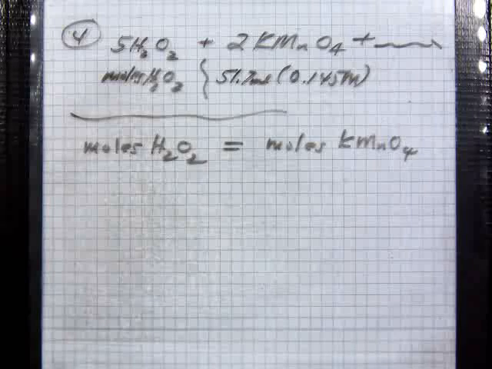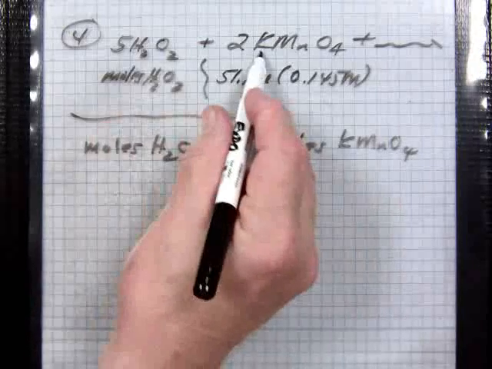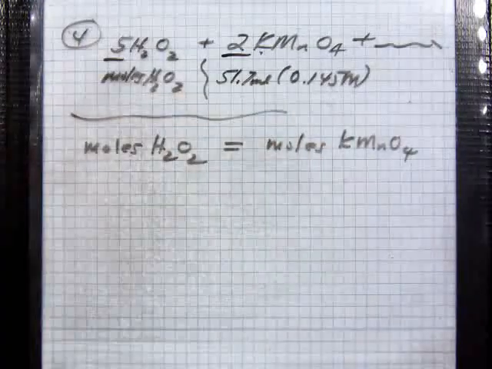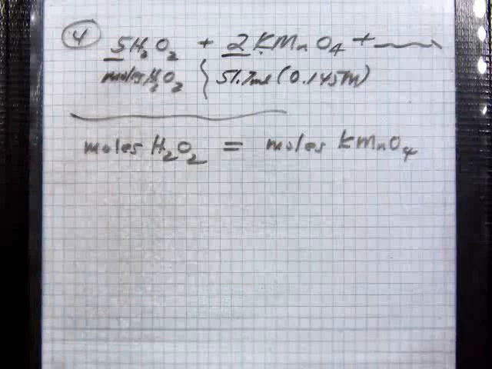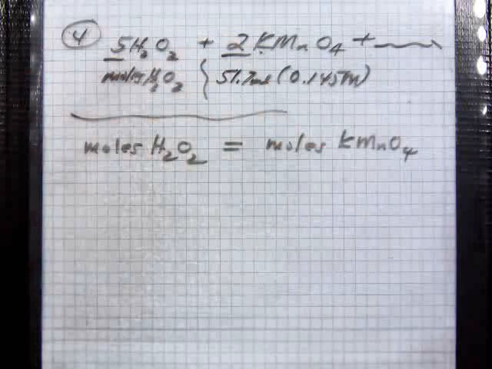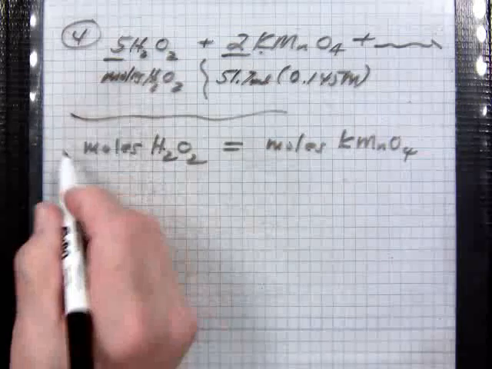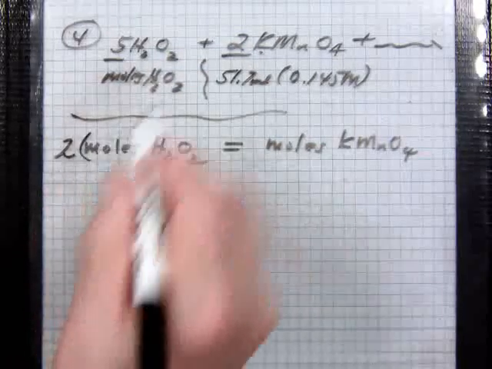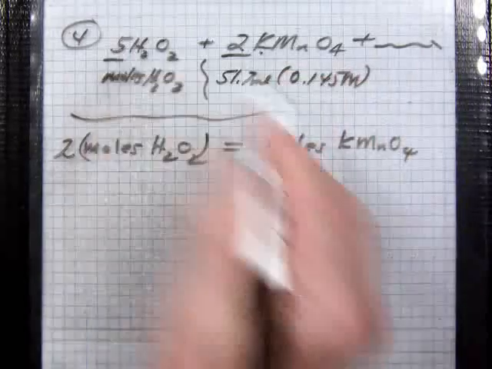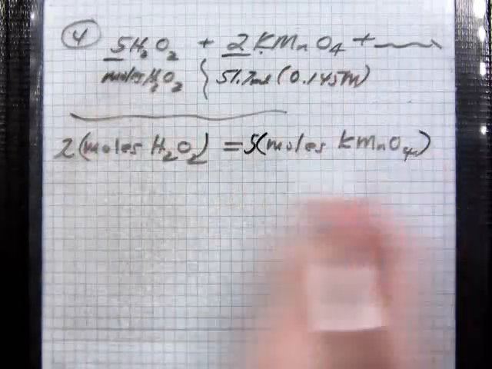Come on, guys, let's get the brains going. Is that true based on this equation? No. I have a 5-2 ratio. Now, if it was 1-to-1, yeah, I could write that and start plugging numbers in. But to make that real, I'm going to have to bring my coefficient for the KMnO4 over to the H2O2 moles, and then I'll take 5 and put it over here. That's true.